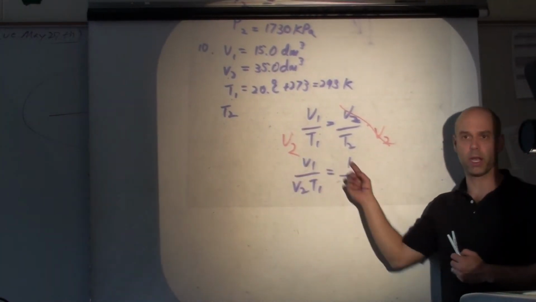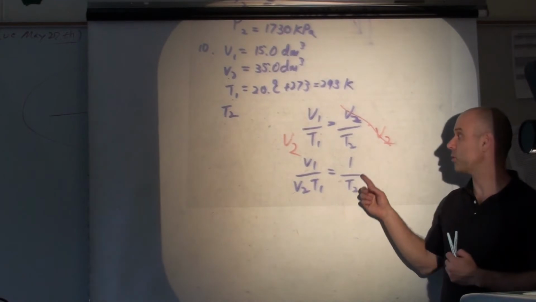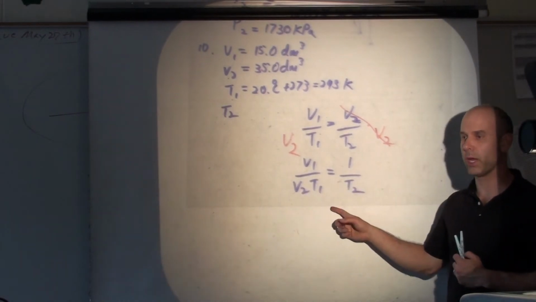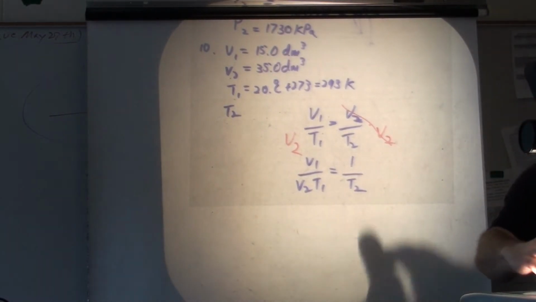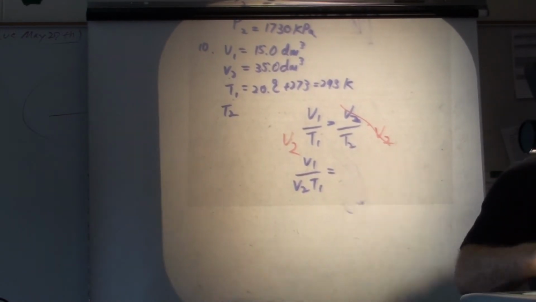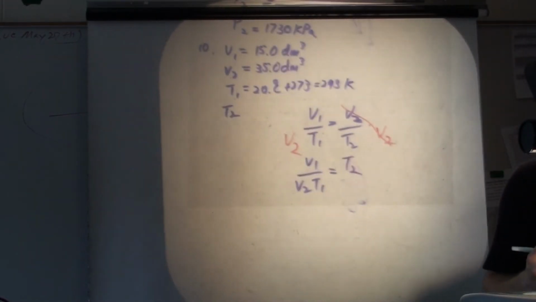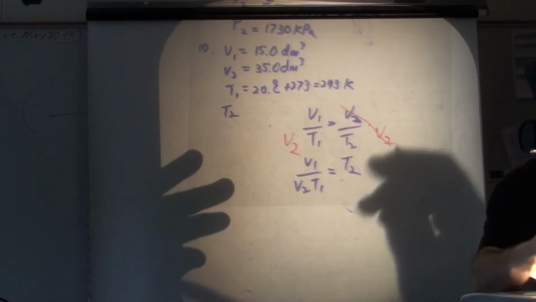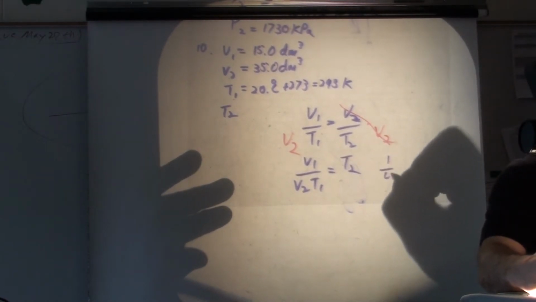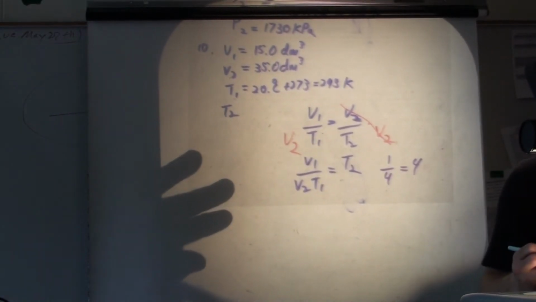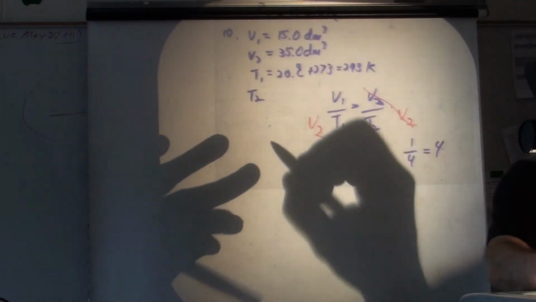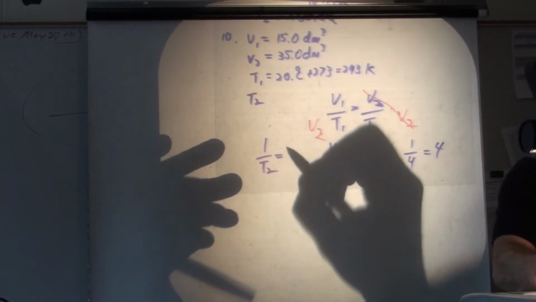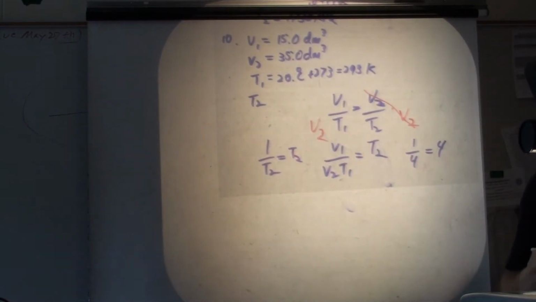This is algebraically correct. What some of you did was you got to this point and then you magically elevated the T2. That's because in algebra we were just told to assume there's a 1 there. You can assume there's a 1 there, but throw a number in. Is 1 over 4 the same thing as 4? No. And 1 over T2 is not the same as T2.